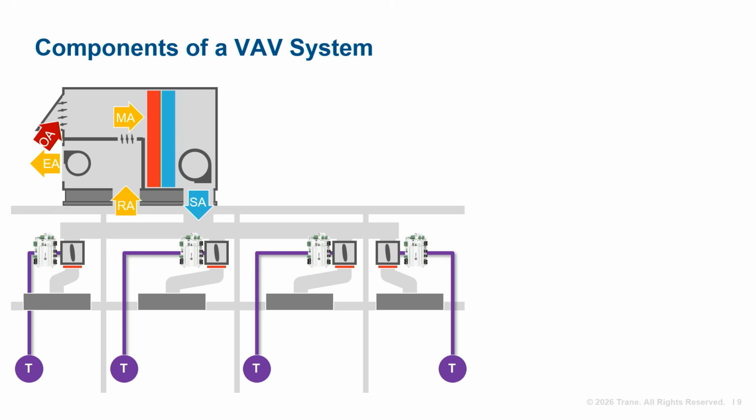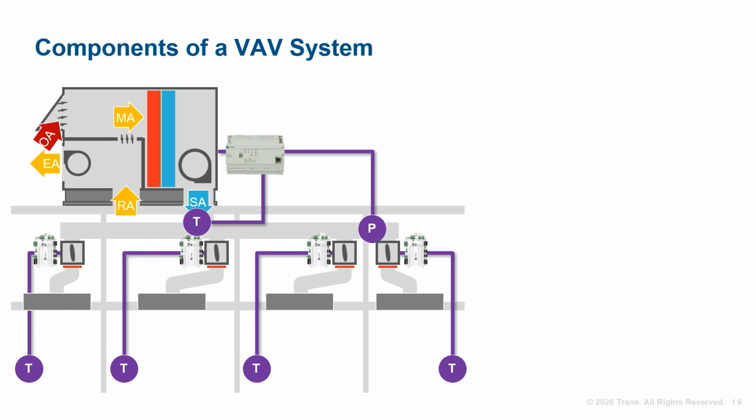VAV boxes are connected to zone temperature sensors. When the zone temperature has deviated from set point, the VAV box controller responds by adjusting the damper to provide more or less airflow. The central unit controller modulates cooling capacity to maintain discharge air temperature set point, for example, 55 degrees Fahrenheit. The controller also adjusts the supply fan speed to maintain a programmed static pressure set point.